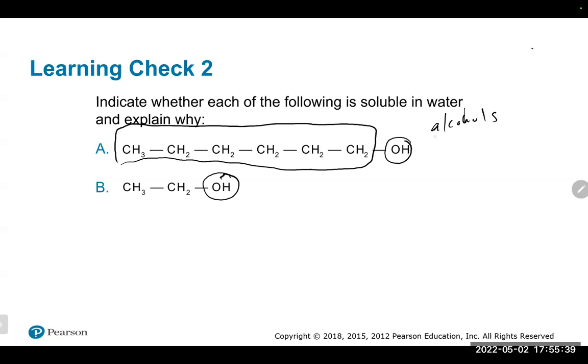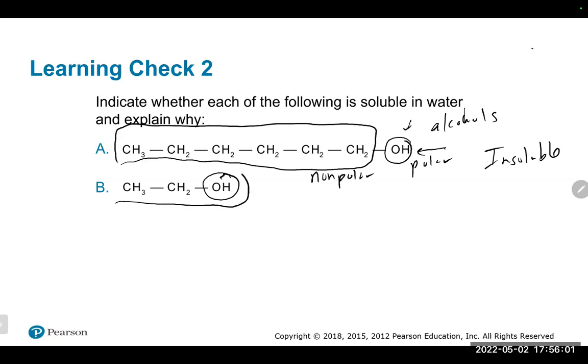Because of this big non-polar part of the alcohol, and only a small polar part, we would expect it to probably be insoluble in water. Again, that big carbon part gets in the way for this one to interact.